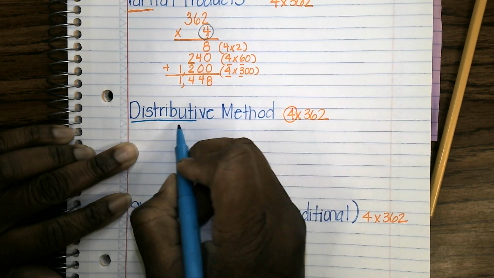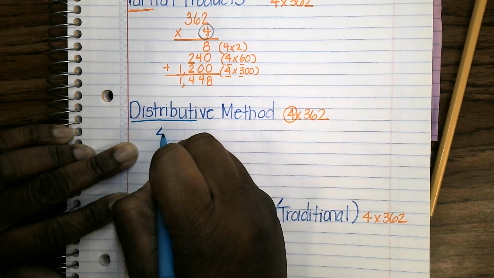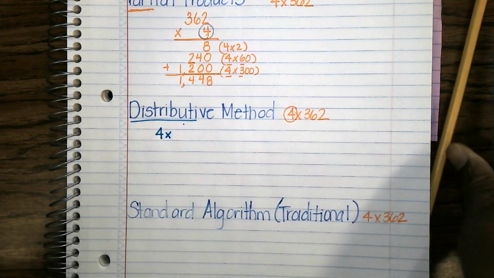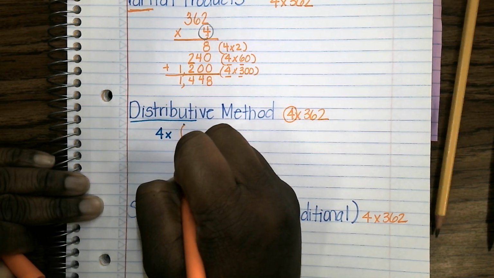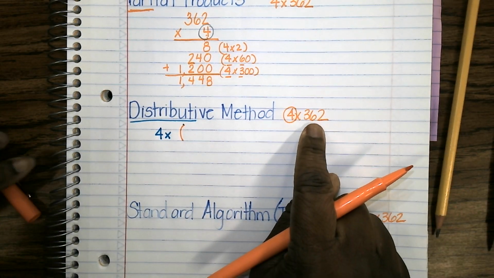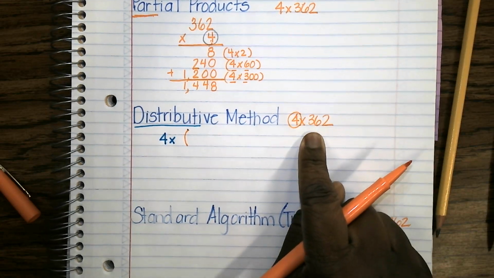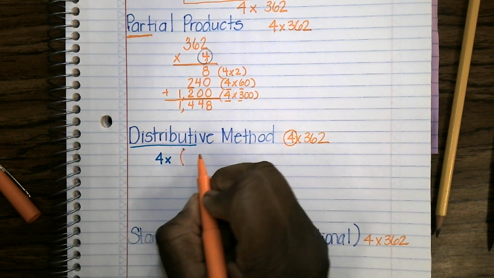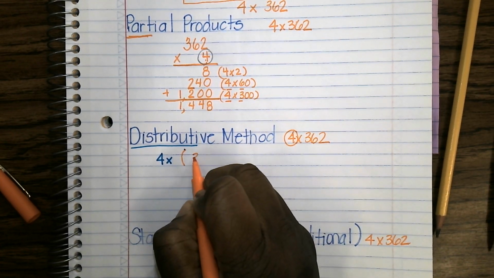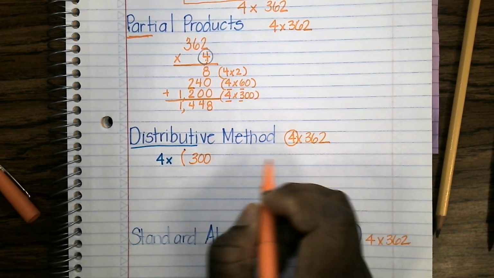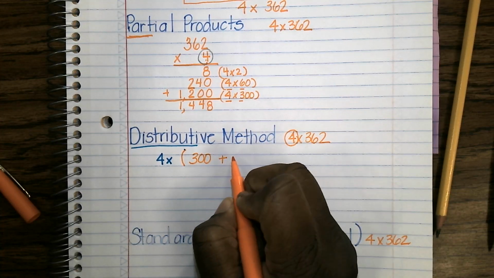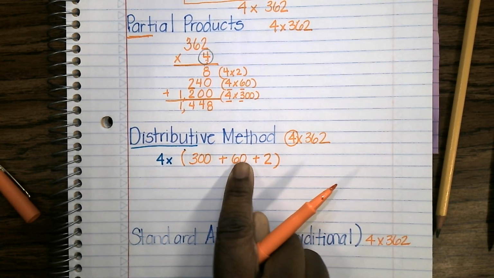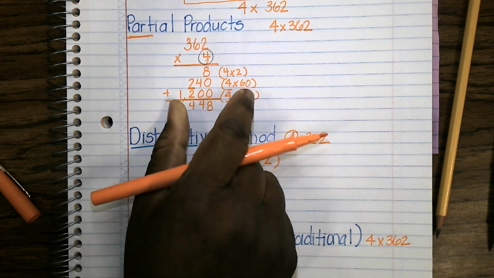Since 4 is our multiplier, we're going to have that on the outside. Then I set up my parentheses, and I'm going to take this number and put it in expanded form. So 362 means each value is 300 plus 60 plus 2.